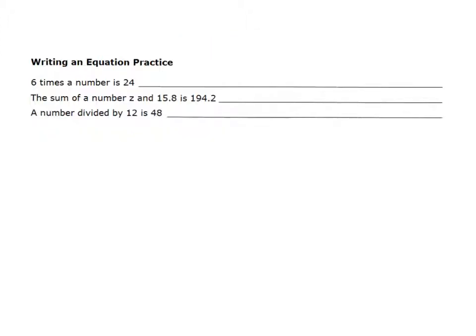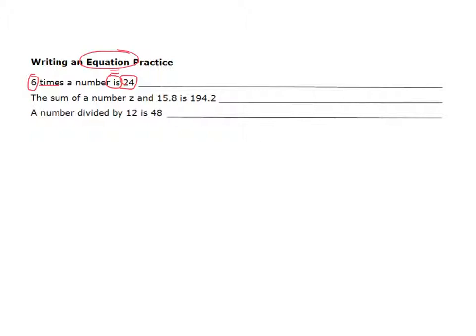All right, so here we're just going to do some quick practice together. The first one says 6 times a number is 24, and what it's asking you to do is practice writing an equation. It nowhere says to solve. So let's look at it. We have 6. We have a keyword, times. We have that is word. What does is mean? Equal. And then we have another number.